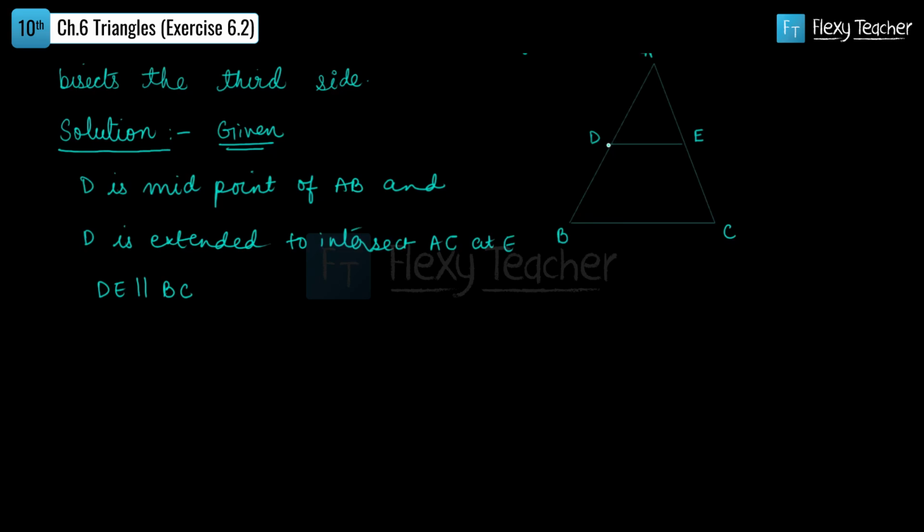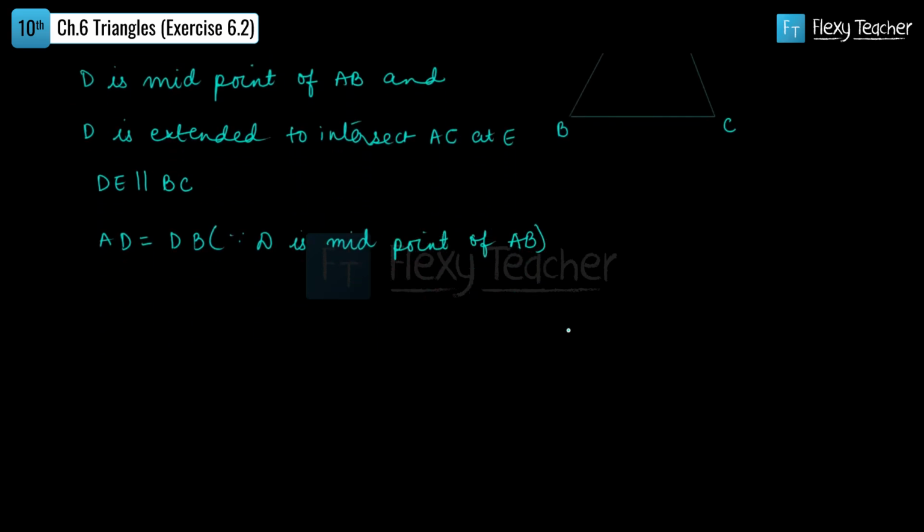So now since D is the midpoint of AB, we can say that AD is equal to DB. Why? Because D is midpoint of AB. Okay. So AD upon DB क्या बनेगा? Therefore AD upon DB is equal to 1. Okay. हम इस रेशियो को आगे यूज करेंगे. Why?